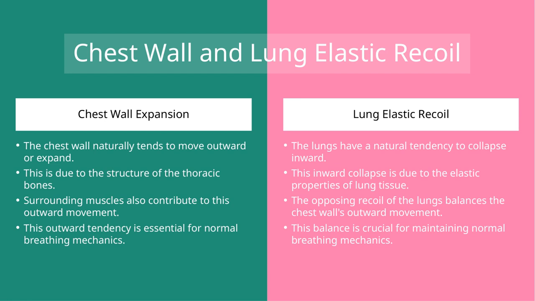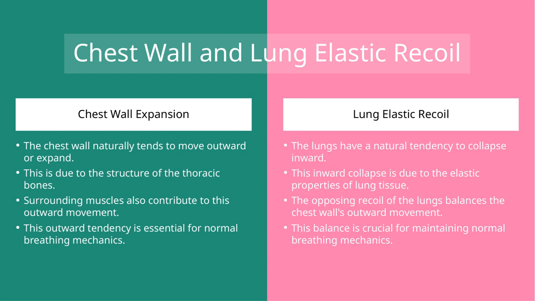Now, turning to the lungs themselves, they have a natural tendency to collapse inward. This inward pull is caused by the elastic properties of lung tissue, which want to return to their resting, smaller state after expansion. So, what happens is that the elastic recoil of the lungs opposes the outward movement of the chest wall.